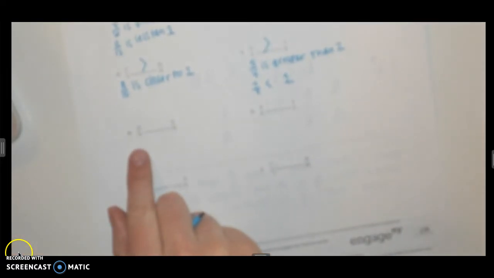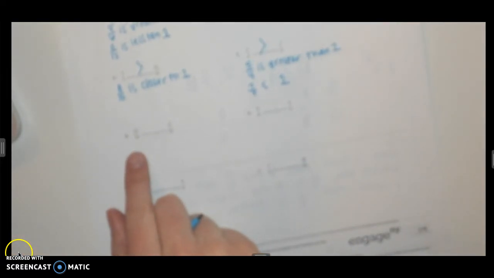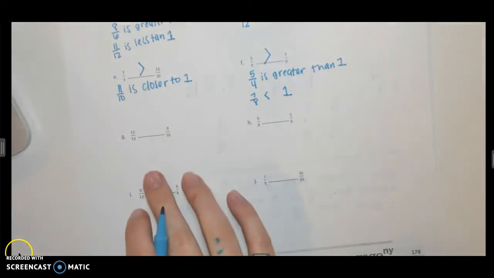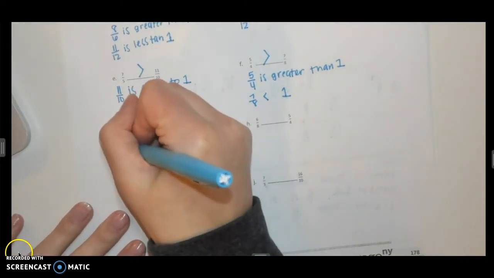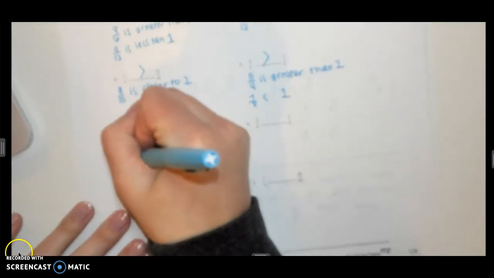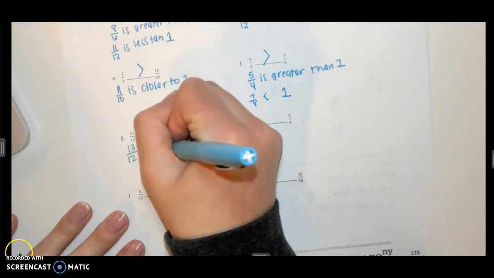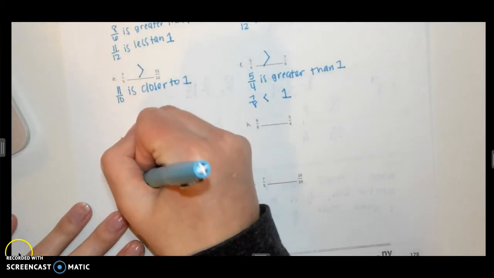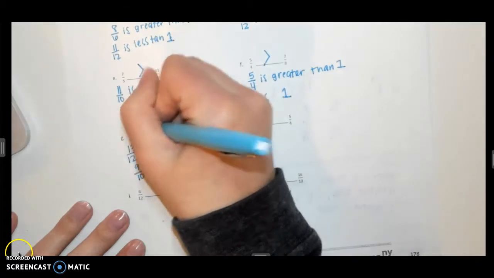Now we are on to G. 13/12 is greater than 1, and 9/10 is less than 1.